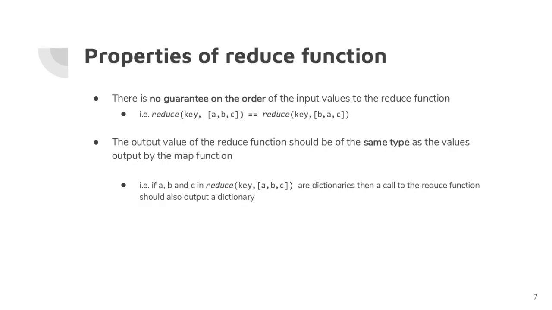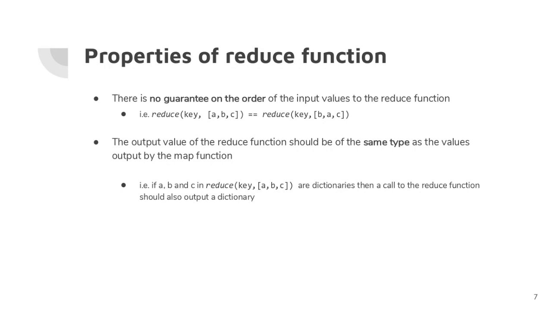The output value of the reduce function should be the same type as the values of the map function, or as its input actually. The map function should produce some list of key value pairs, and the type of the value should be the same. The output value of the reduce function should be of the same type as the input.